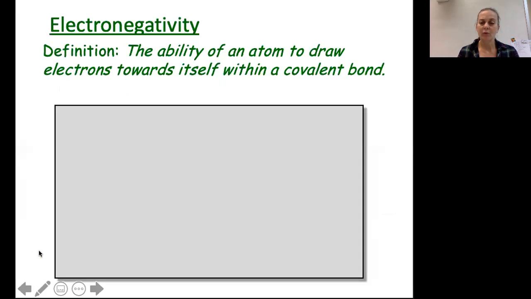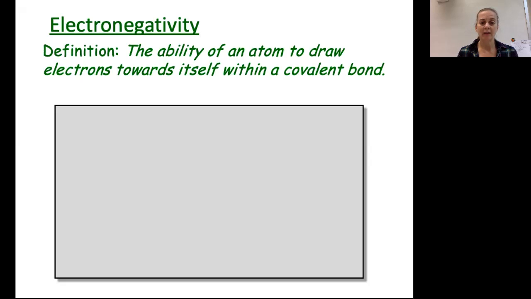All right, one more property to define, and that is electronegativity. This term electronegativity means it is a measurement of the ability of an atom to draw electrons towards itself within a covalent bond. So this really is how strongly an atom can attract electrons.